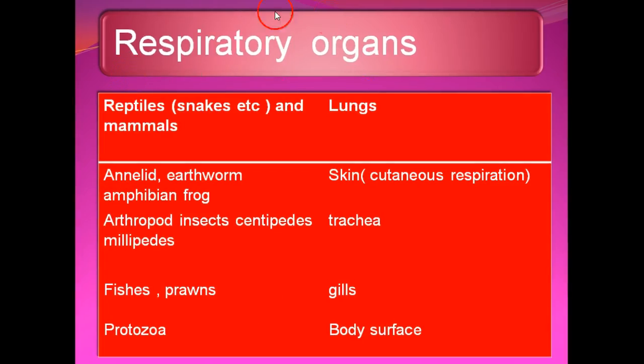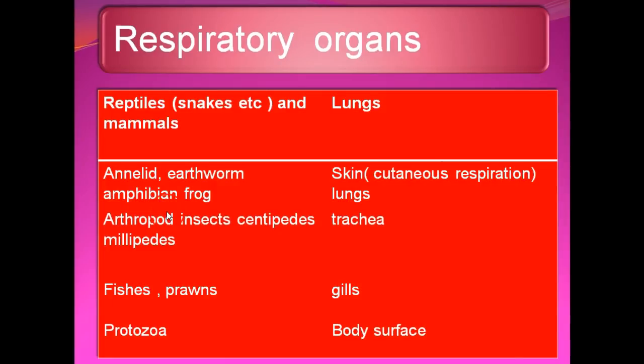Look here, these are the respiratory organs of various organisms. Reptiles, that means snakes, etc. And in mammals, lungs are the respiratory organ. And in annelids, that means earthworms, etc. And also in amphibians such as frogs, skin is the respiratory organ. It is also called cutaneous respiration. Amphibians have lungs in the primitive form.